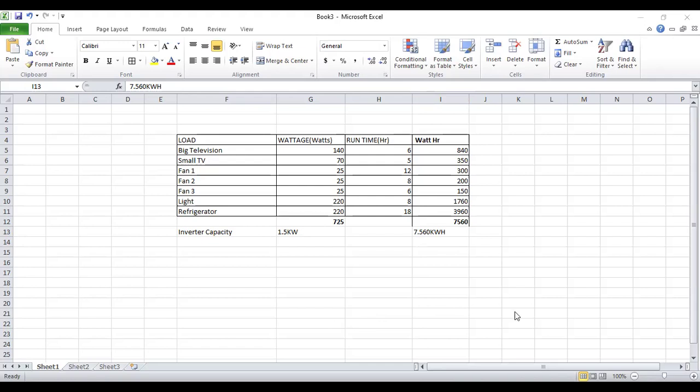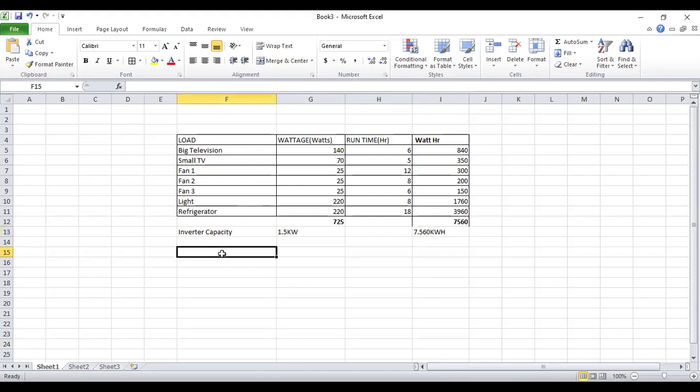So what quantity of 12 volt lead acid batteries do I need to get this particular energy stored?